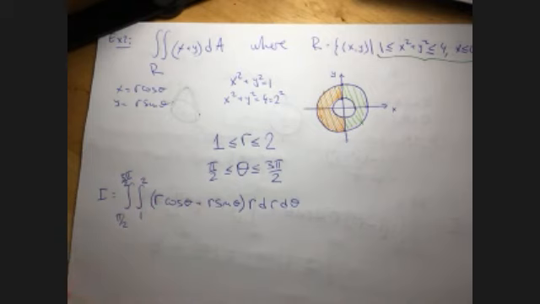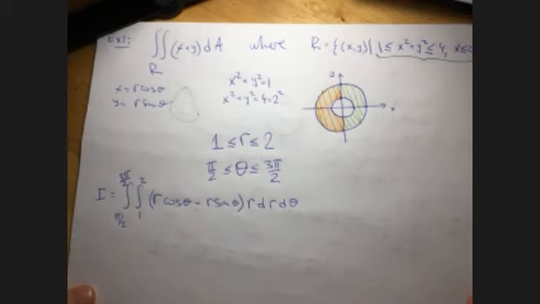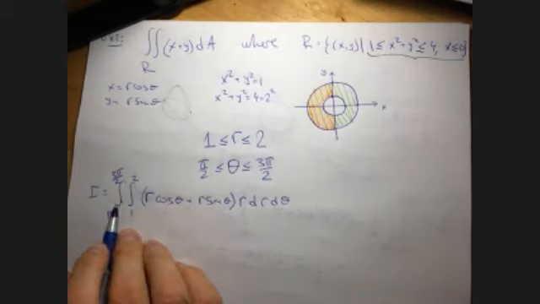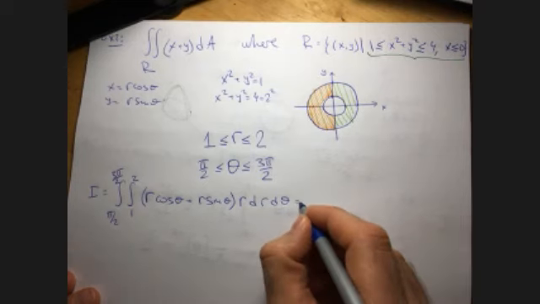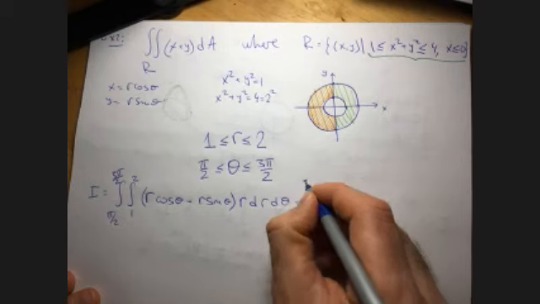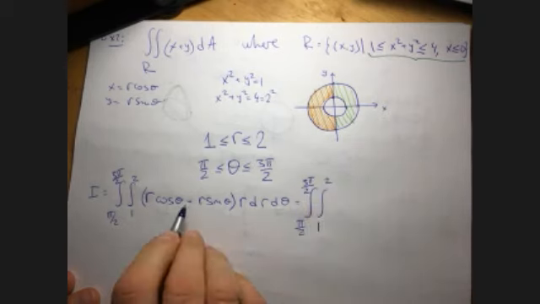And now you solve this. If you factor r from here, right, then you're going to be able to express this double integral as independent functions defined in theta and r. So that means that this double integral can be expressed as a product. Now let's go step by step. Pi over 2, 3 pi over 2, integral from 1 to 2. I factor r from here.